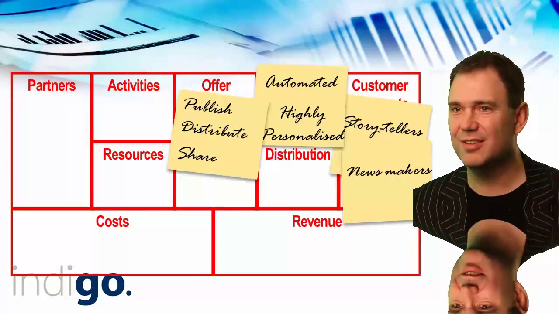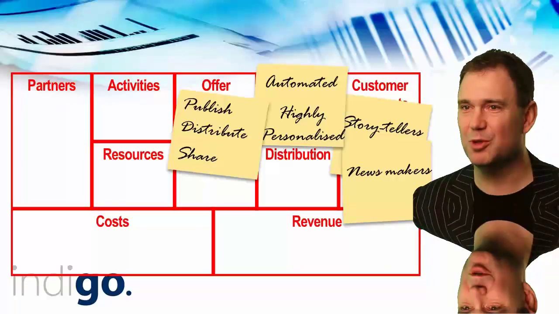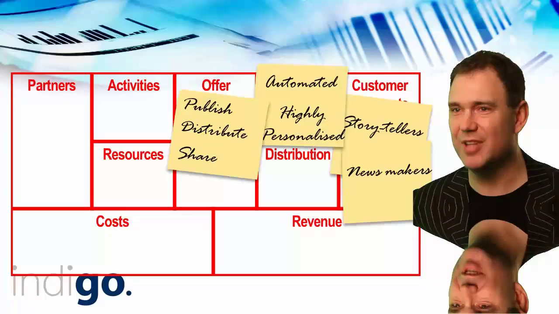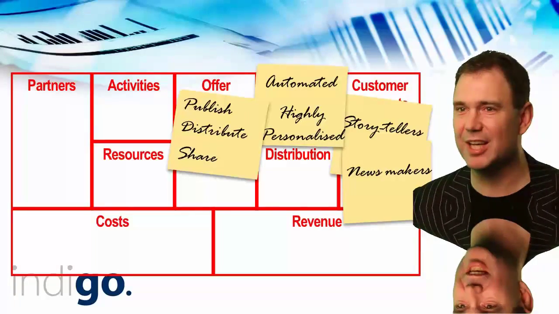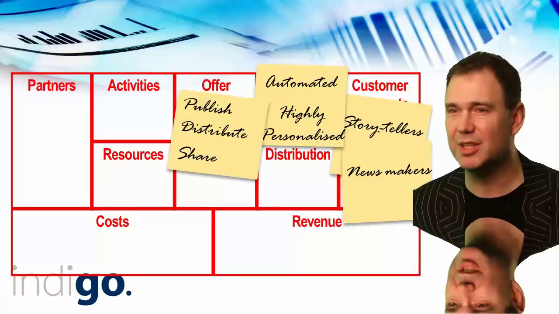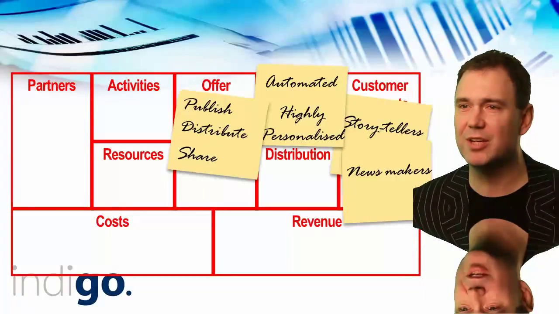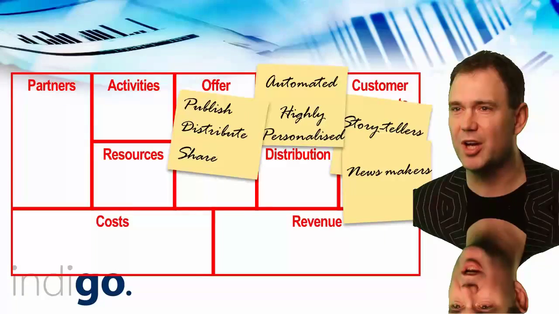And then there are the customer relationships. Well, mostly they are automated. We want it now. We want to be able to get our story out to the world immediately. But there are highly personalised value-added services that Newsmaker provides.